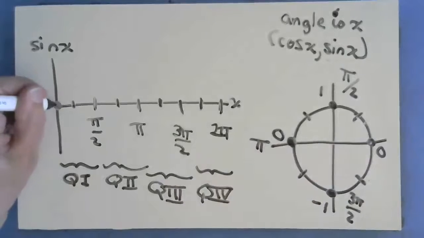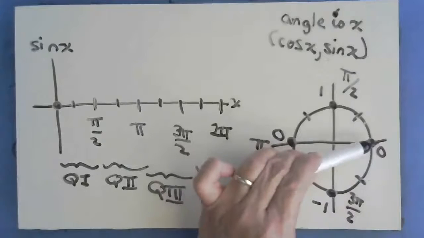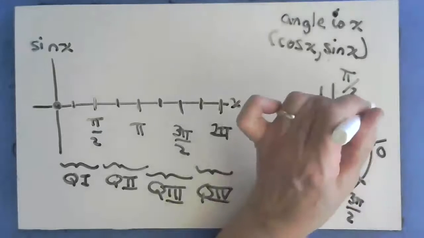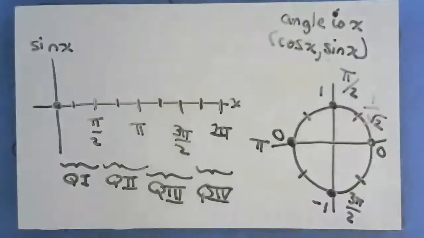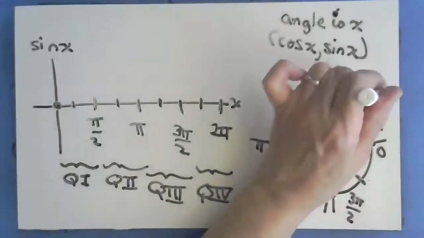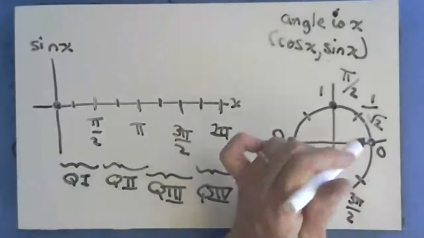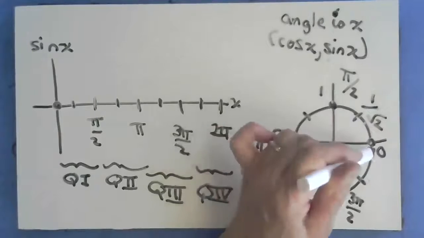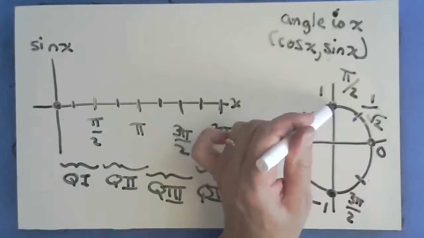So we start there. And as we sweep through the angle up to pi over 4, our y-coordinate becomes 1 over the square root of 2. And so 1 over the square root of 2 is approximately 0.7, so we'll mark that once we mark down this maximum value. When we sweep up to pi over 2, we see that this is the top of the circle.